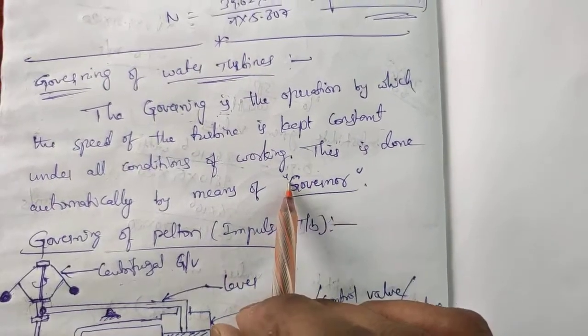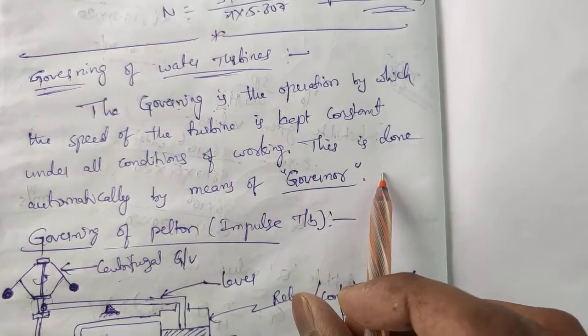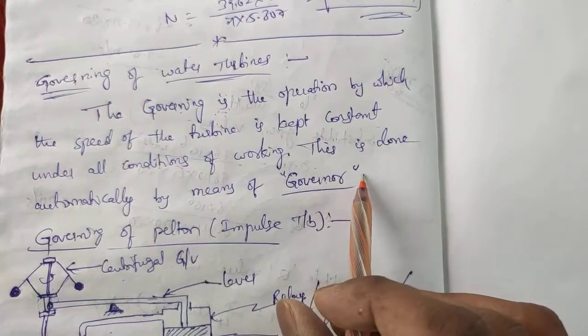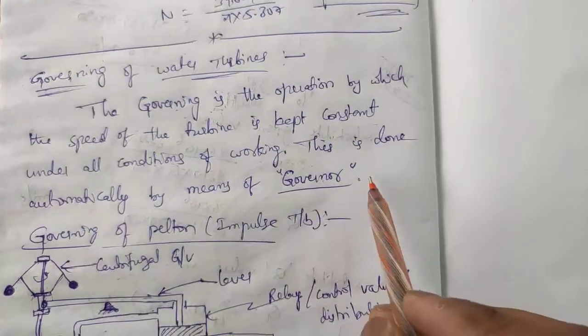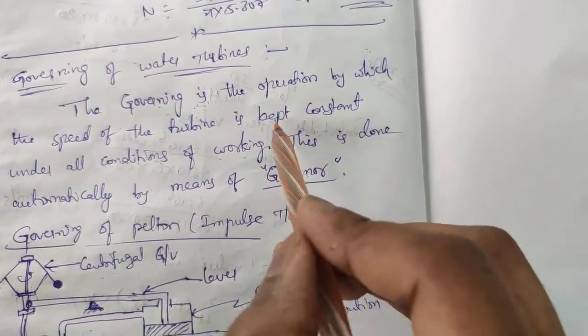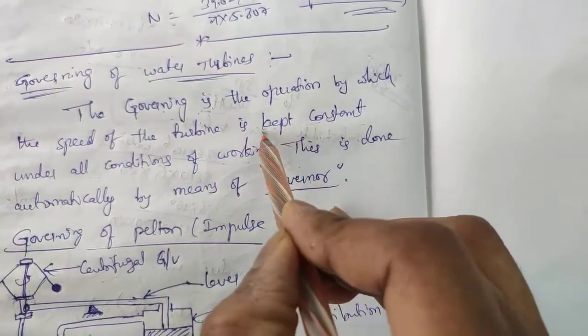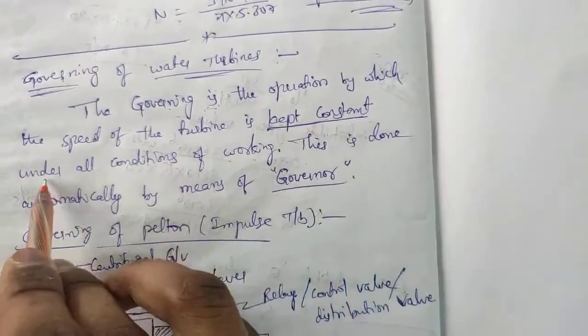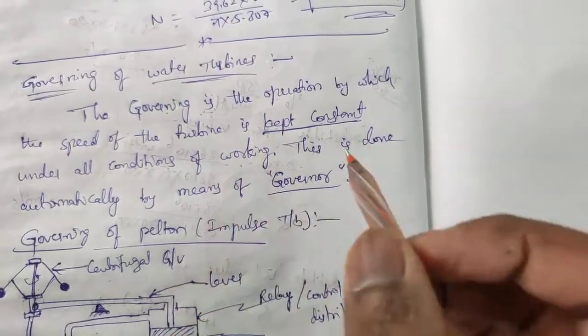This governor is a mechanical device which regulates the flow of water into the turbine and maintains the speed constant under all working conditions.